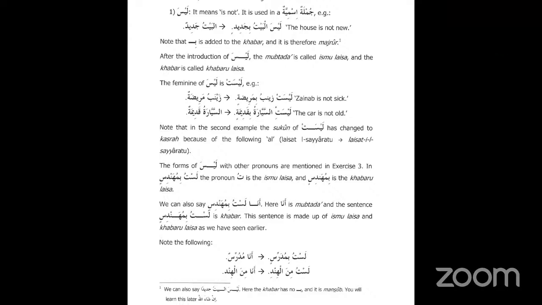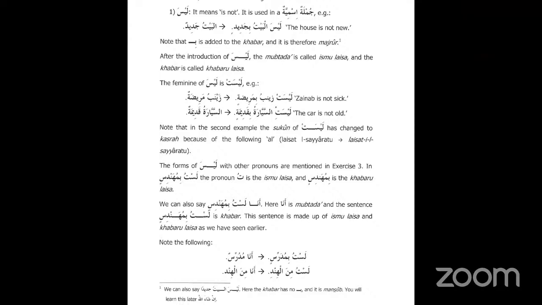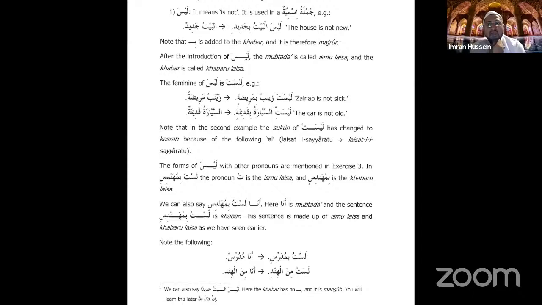The ism of Inna is marfu and the khabar is mansub. Kana is the opposite of Inna. Marfu means dhamma. So for example, if you say Zaidun qa'imun, you say Kana Zaidun qa'iman.